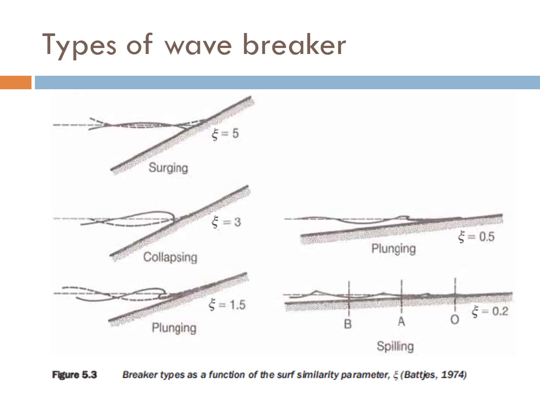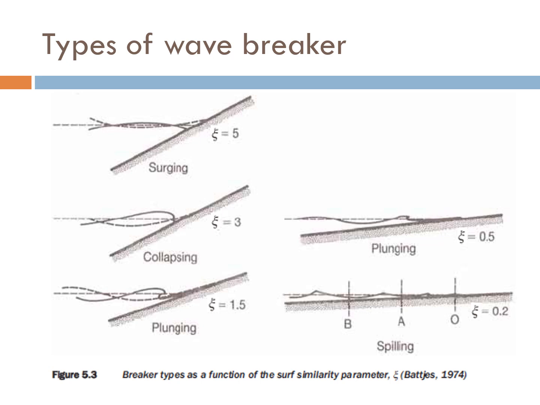So how does the wave dissipate its energy in the nearshore region? Here we show different types of wave breaker. Assuming that all these are the same wave, for the same wave that approaches different shorelines, it may break in a different form.